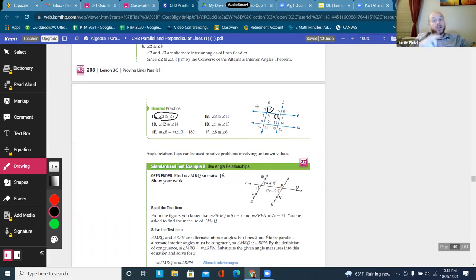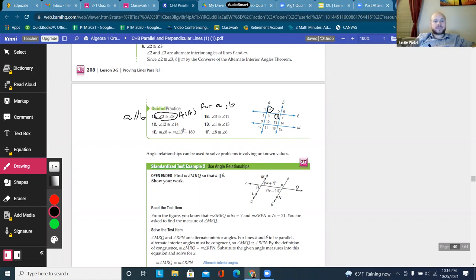Well, I know, and I hope you know, that those two angles are AIAs, alternate interior angles between A and B. You see that? So that means that A is parallel to B if angles 2 and 8 are congruent by the AIA converse.